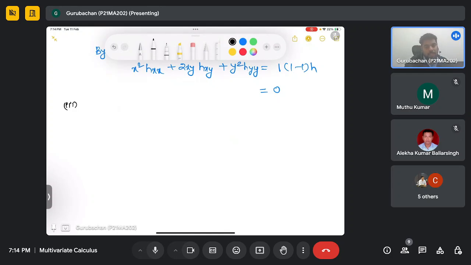Then how will we apply Euler's theorem? For that, consider u(x,y) equals (x cube plus y cube) sine inverse of (x square y square divided by 2x). So tell me how we will apply Euler's theorem.